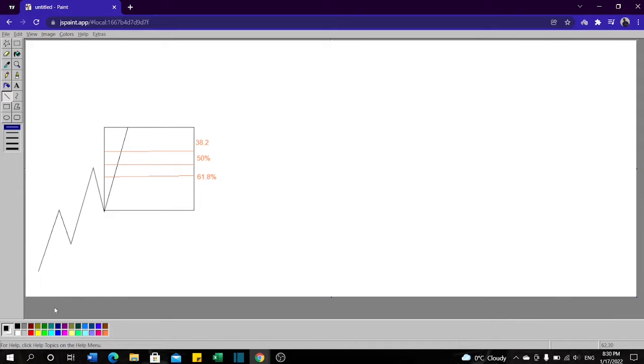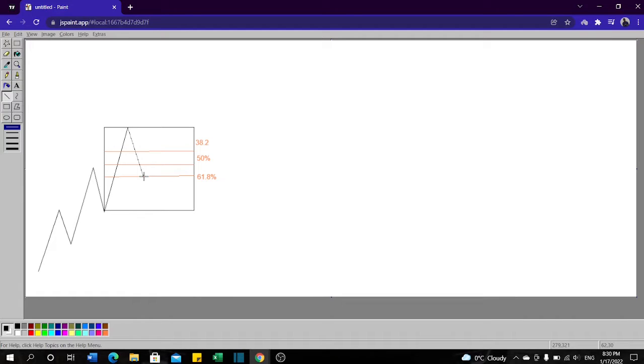So let's say our price is going to come back and retest at either the 38.2, 50%, or 61.8. Now, one thing you have to consider is most traders do not use Fibonacci as the only way you can execute trades in the market. There are other factors involved in this, like support and resistance areas.